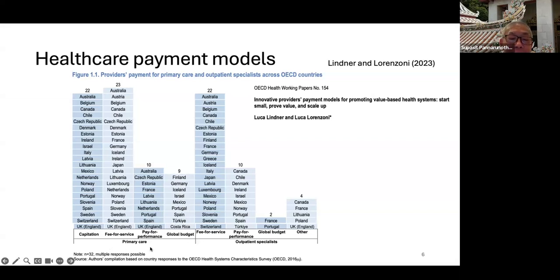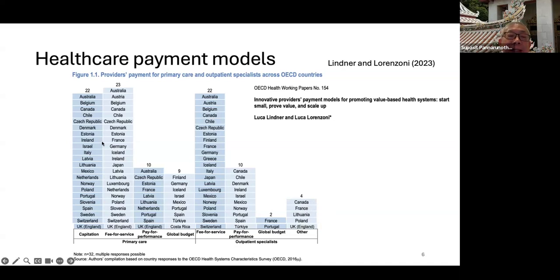This is the primary care, which is non-hospital, outside the hospital setting. But for outpatient specialists, which is mostly related to the hospital, ambulatory hospital visits, they can set the payment as fee for service, pay for performance, and global budget as well, and some other payment methods suitable for the context of each country.